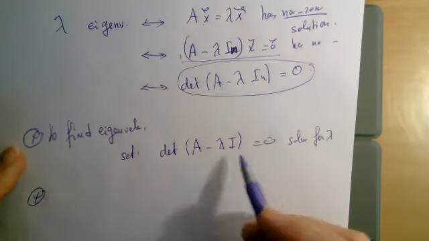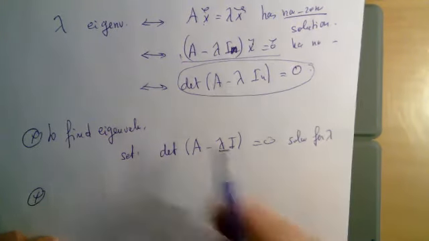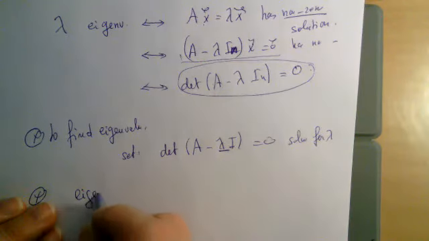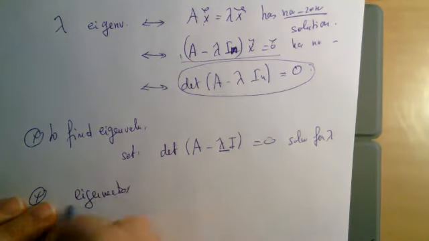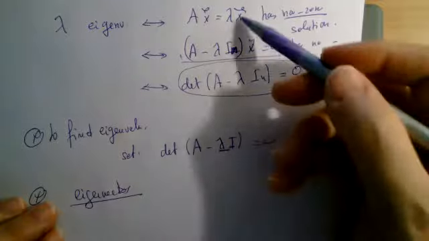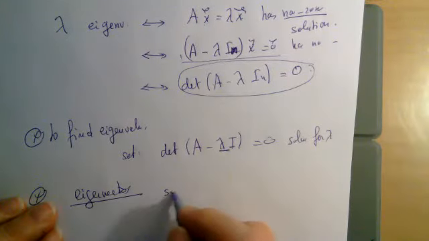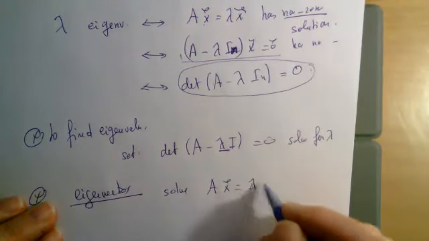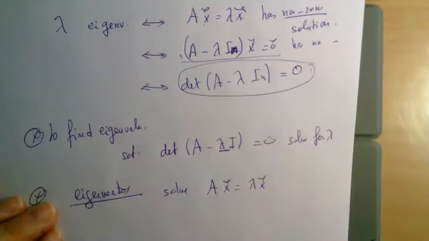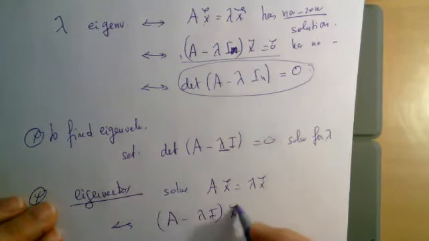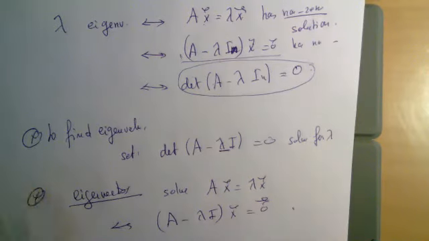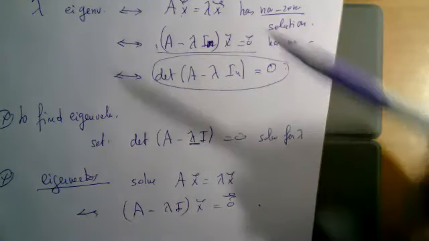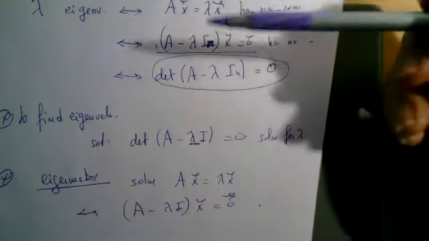Now, once we find those lambdas, to find the eigenvectors, it means we have to find the non-zero x. Basically, we need to solve for those x's. We have to solve this, which is equivalent to solving this system, which is an easier system. So that will be the process. It's not really a hard process.